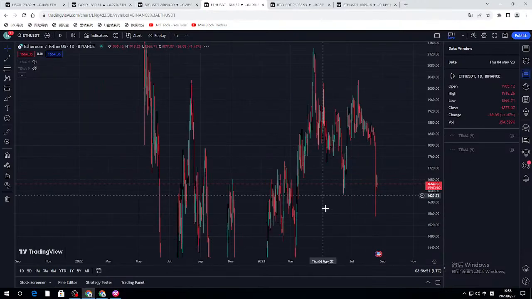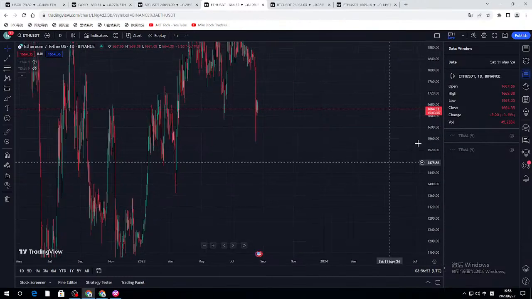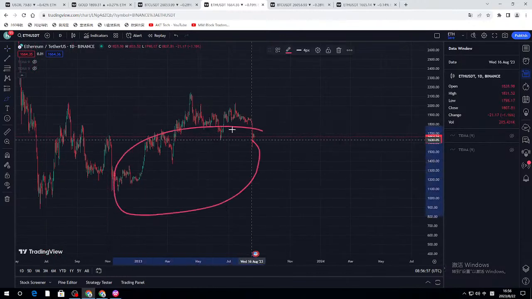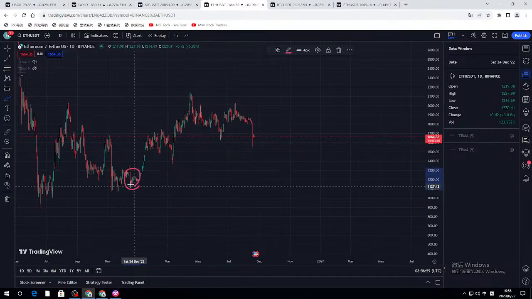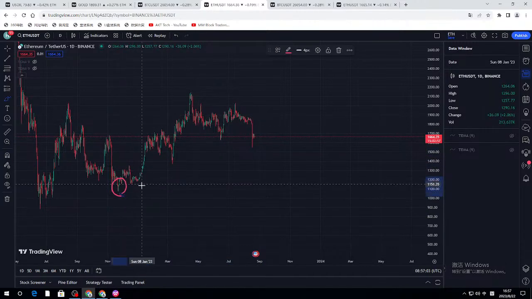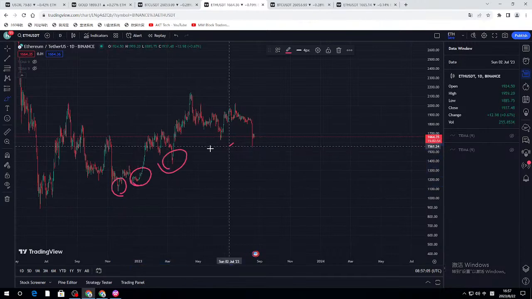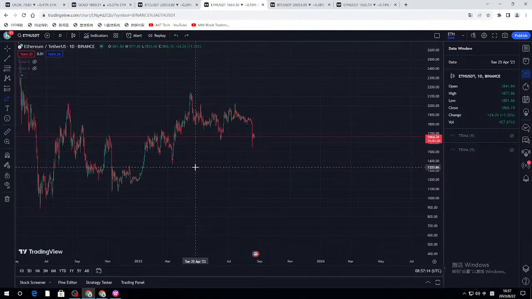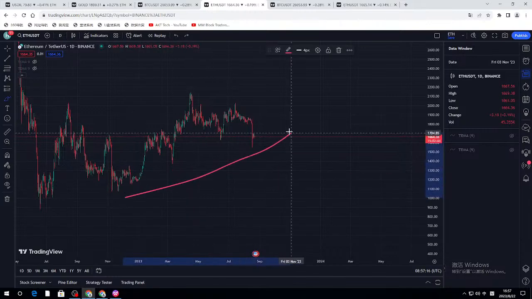If you can see right here, it is going slightly pulling back, like the straight line, as you can see right here. So over the last 1 year, what we can see is that it actually happened around some sort of local low.